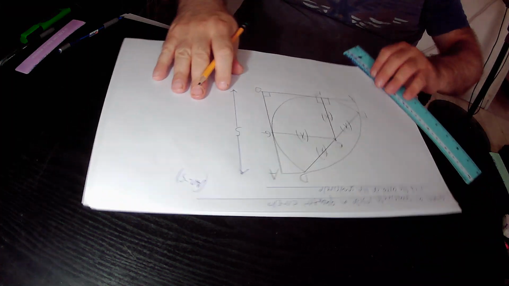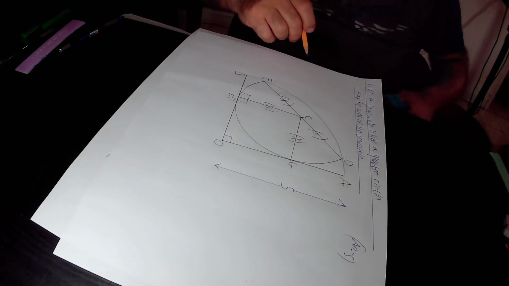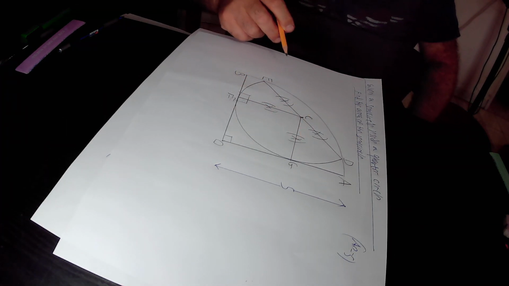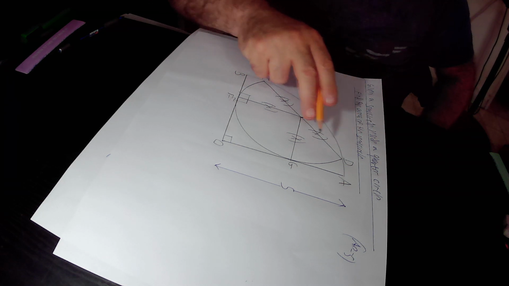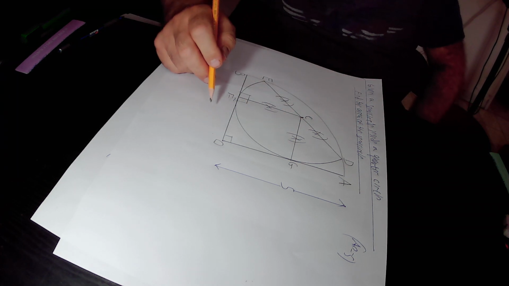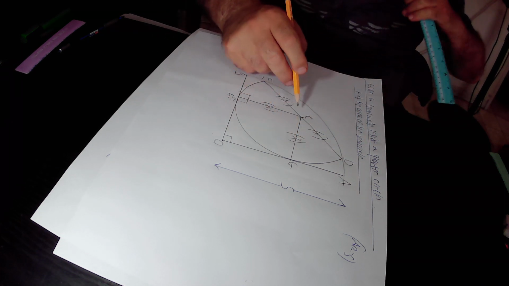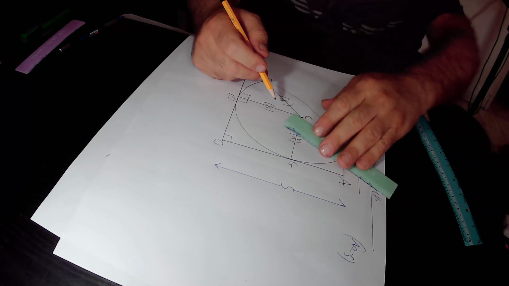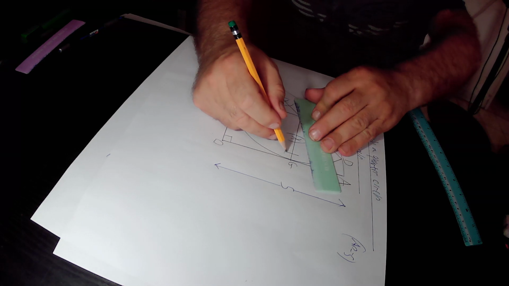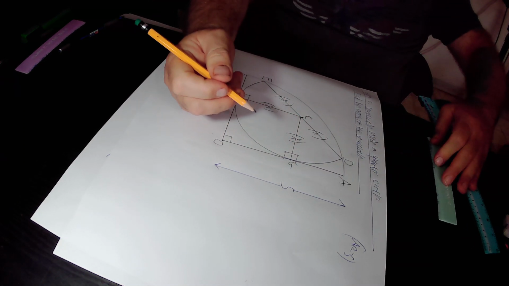Again, we have the radius CG that is drawn to point G, that is the point of tangency of tangent AO with this semicircle. And whenever you have a radius that is drawn to the point of tangency, then tangent AO will be perpendicular to the radius GC. If AO is perpendicular to GC, it means that this angle equals 90 degrees, and this angle also equals 90 degrees according to the same rule, rule 1.